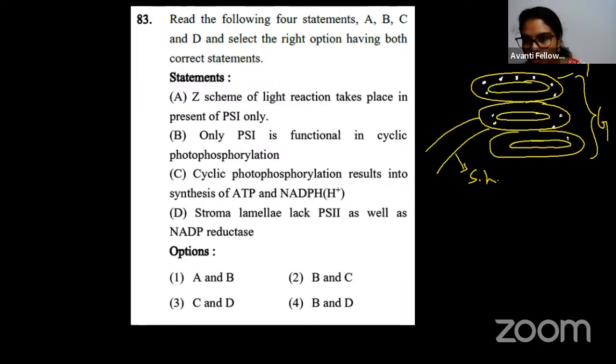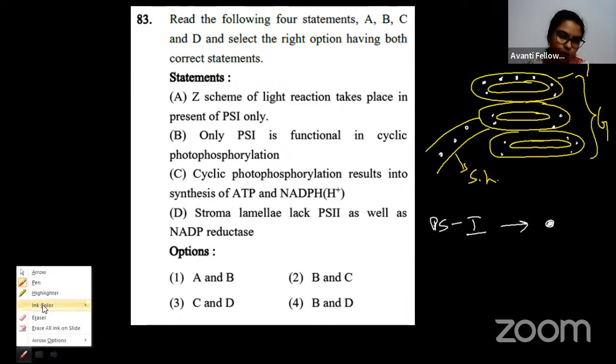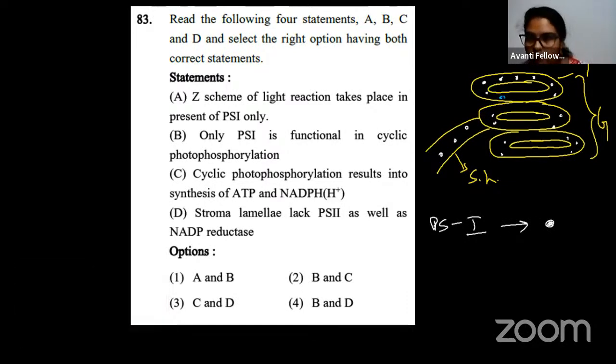So here I will write PS1 है जो मैंने white में लिखा है. ठीक है, so PS2 मैं लिखती हूँ ब्लू में. ये PS2 हमेशा एक के ऊपर एक ओवरलैप हो जाते हैं. एक्सपोज नहीं होते डायरेक्टली टू द सन, बट फिर भी ये भी काम करते हैं. They will also absorb the light energy converted into chemical energy. लेकिन PS1 जो है वो बहुत फैला हुआ होता है. That will be present in the stroma lamellae and in the surroundings of the thylakoids. ठीक है, तो ये आपको याद रखना है.